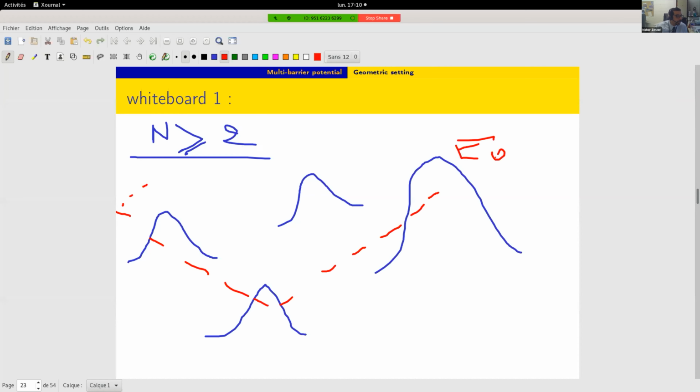The value of this maximum is exactly A0, but here it is bigger than A0. So A0 is red.